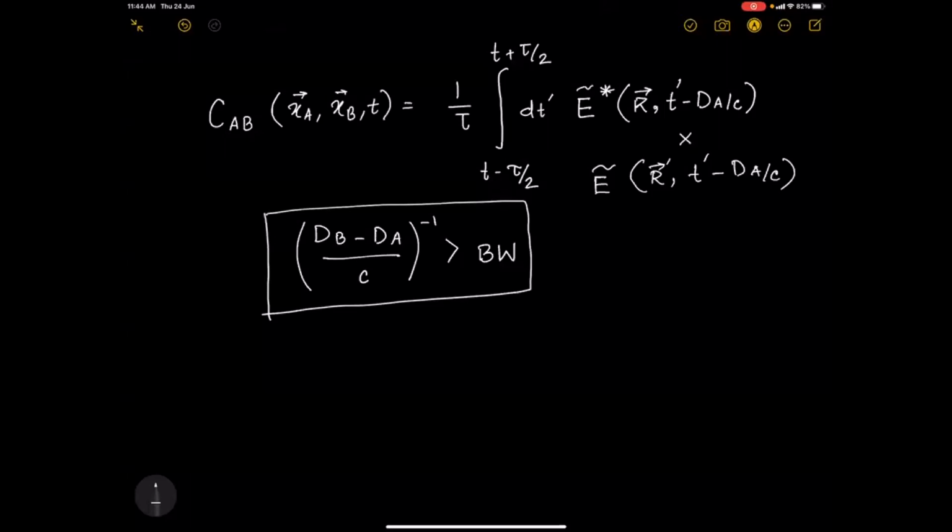So what is the distance between R and R prime? Let's ask the question, what is the minimum distance that you can expect? Well, if you consider a radio interferometer, the minimum distance I can think of is what I can resolve in the sky. Remember that R is R times n cap, and R prime is also R times n prime cap.